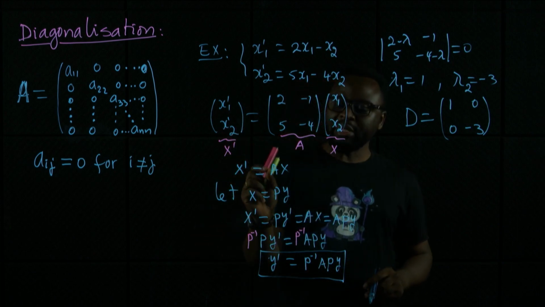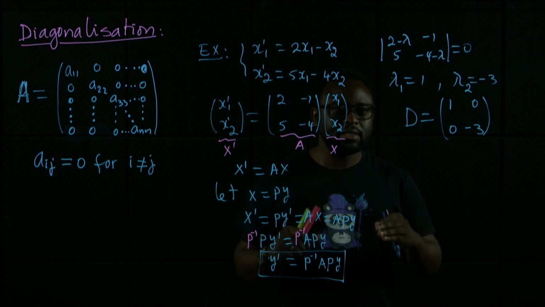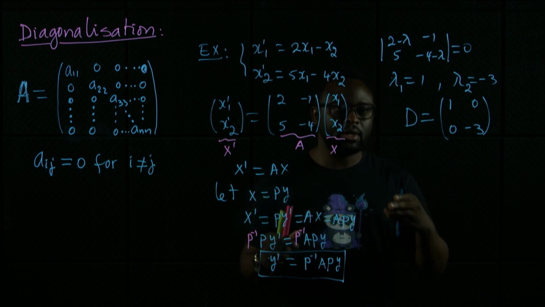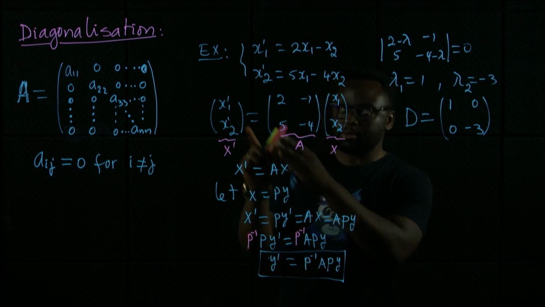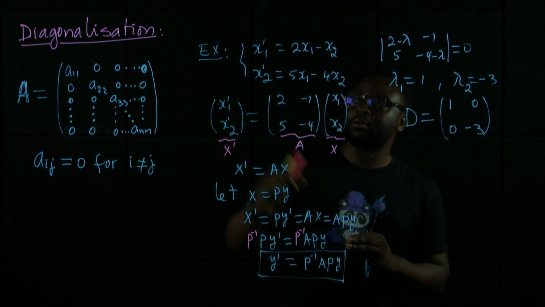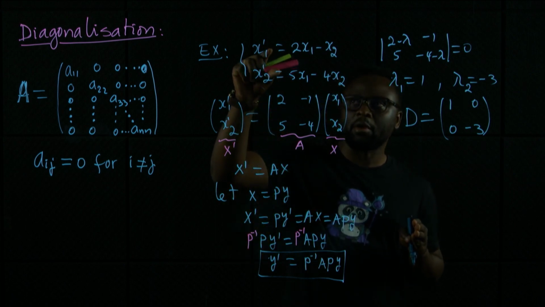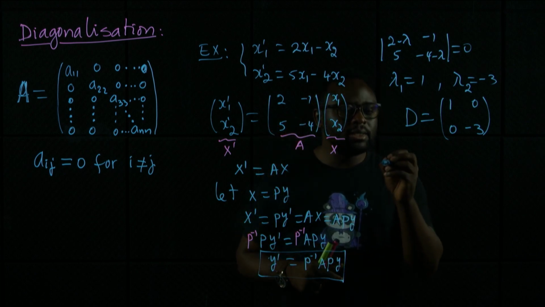Now the matrix P is a matrix obtained from the eigenvectors. I know that at this stage you don't know what eigenvalues or eigenvectors are, but don't worry, in this chapter or in the next videos, you'll be able to understand what an eigenvector is. I'm just explaining why the concept of diagonalization is very useful for you to solve a system of equations like this. Okay? So let's see.